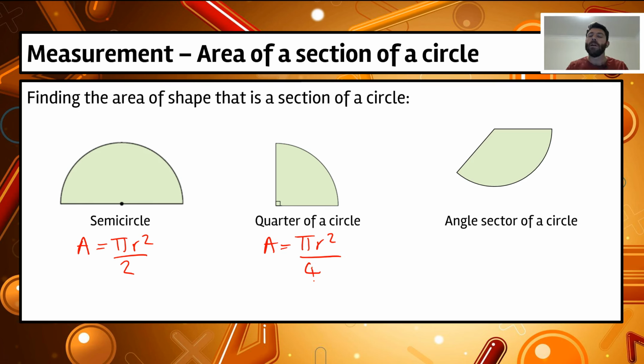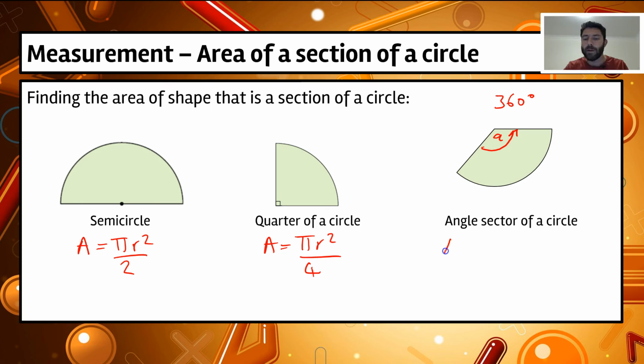What happens now if I don't have an even number, and I've got some angle here, which I'm going to label A, of a circle? Well, we know that there are 360 degrees in a circle. What we want to do is work out what fraction of that circle is that angle.